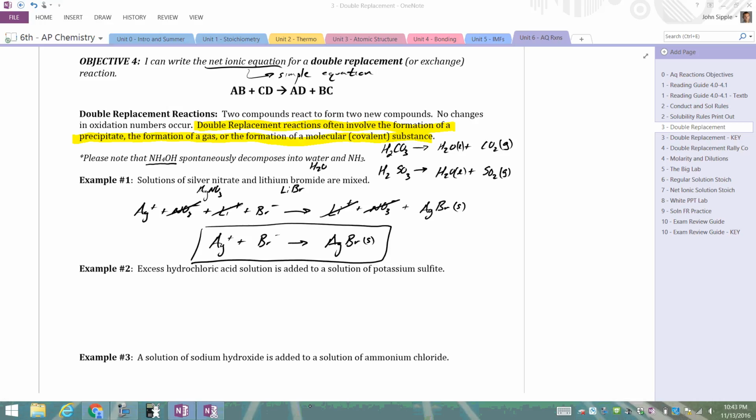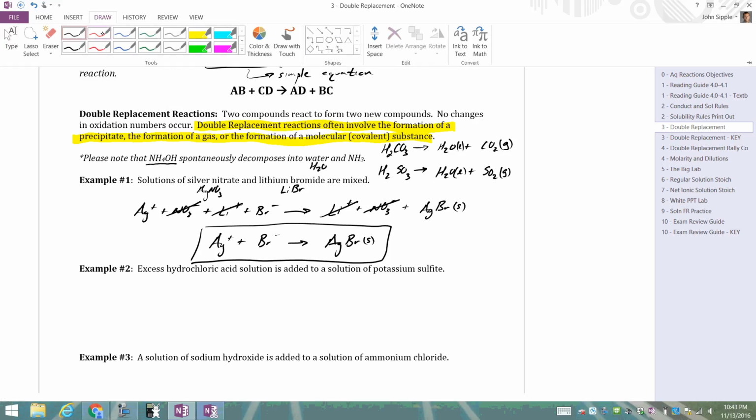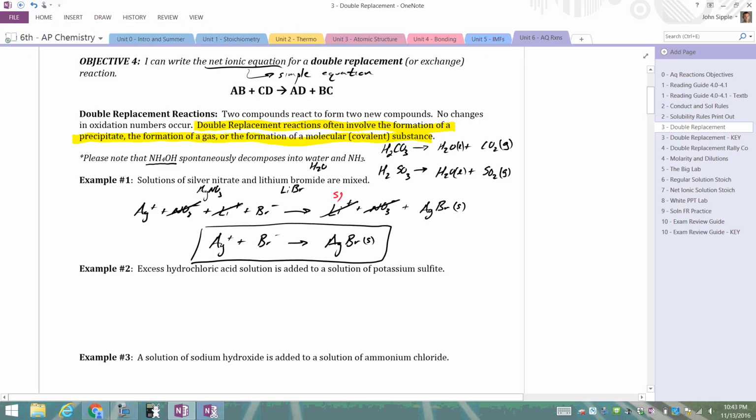We got rid of these spectator ions, lithium and nitrate, because they don't participate in the reaction; they're still ions at the end of the day.